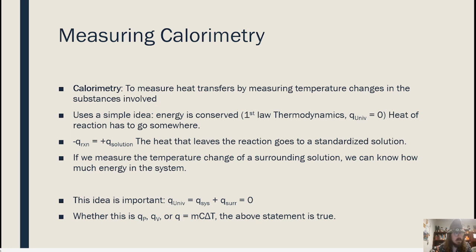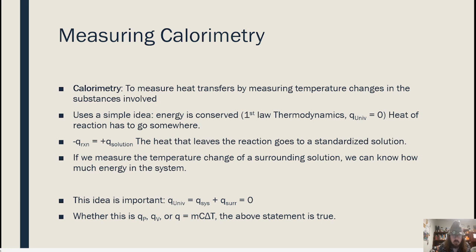If I look at the direct effect of these atoms reacting, the liquid that acts as the solvent or the buffer around it will absorb or lose heat based on the reaction. So, if we measure the temperature change of the surrounding solution, we will know the heat flow into the system. But the key feature is that the system plus the surroundings must be zero.